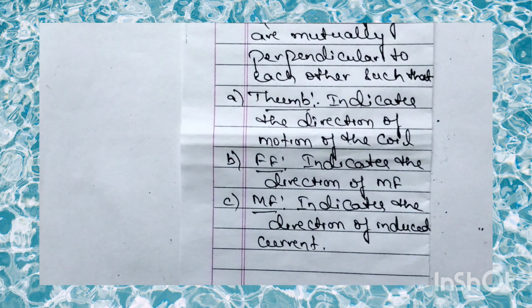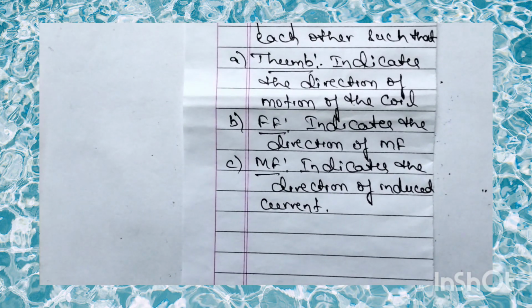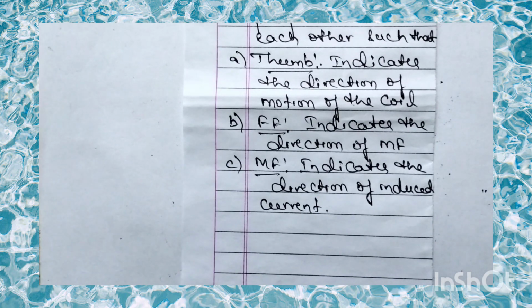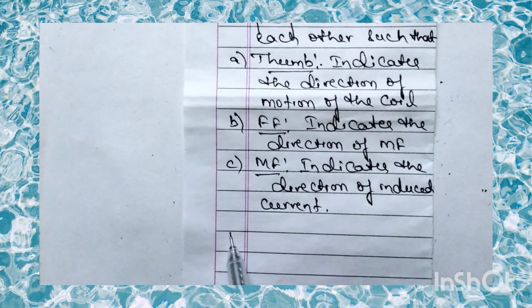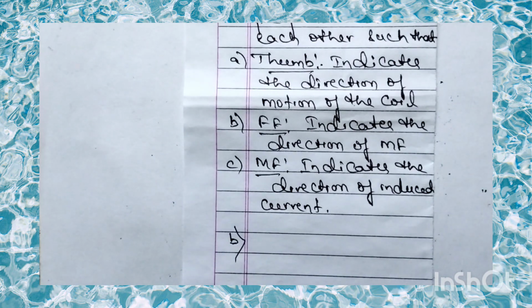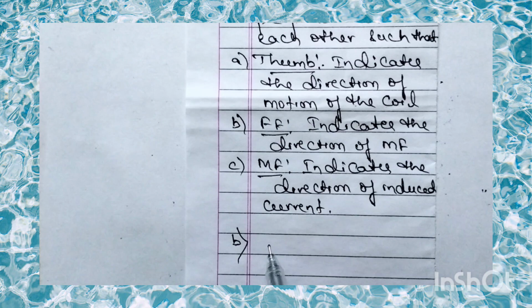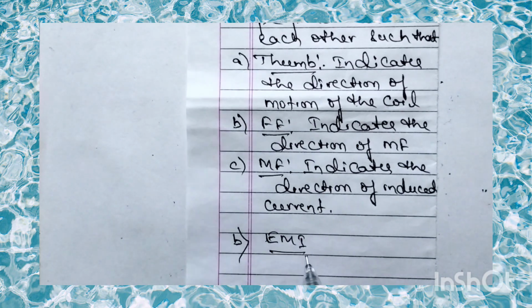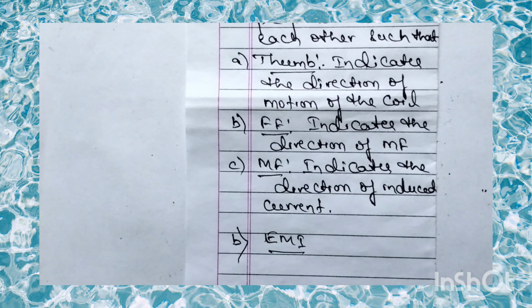So this is the Fleming's right hand rule. Next, in that one only, write the factors influencing electromagnetic induction. So now let us answer the next B question in that one only.